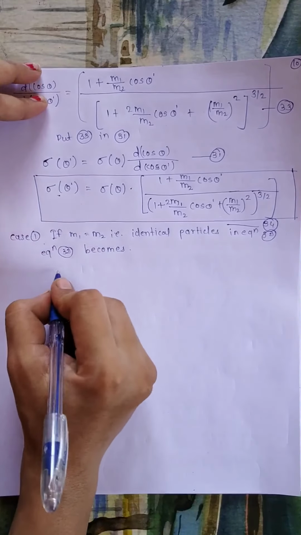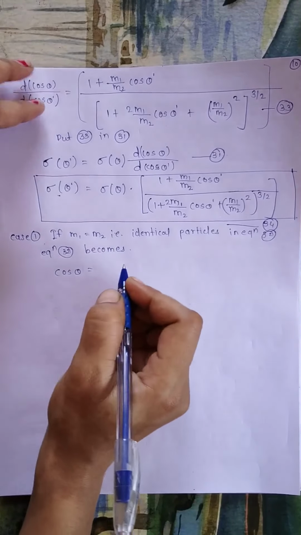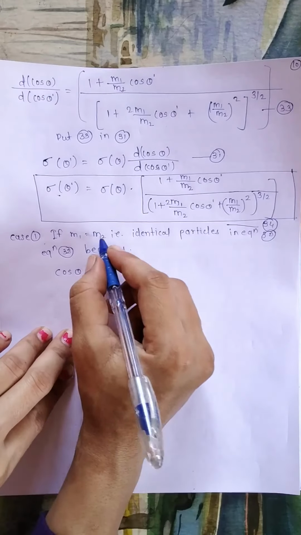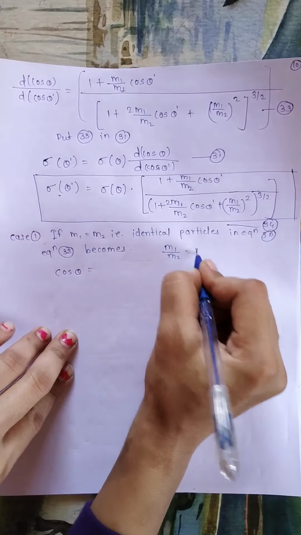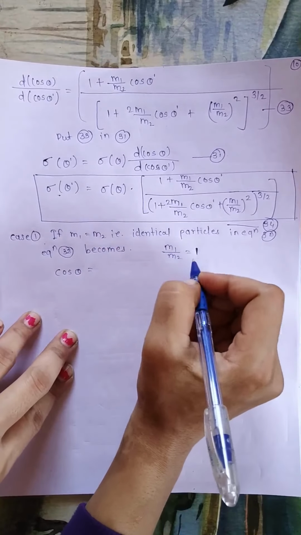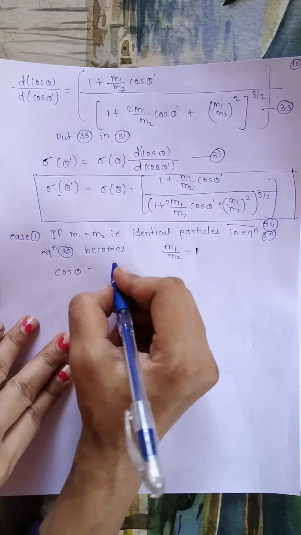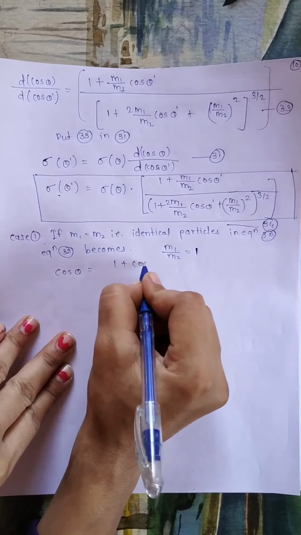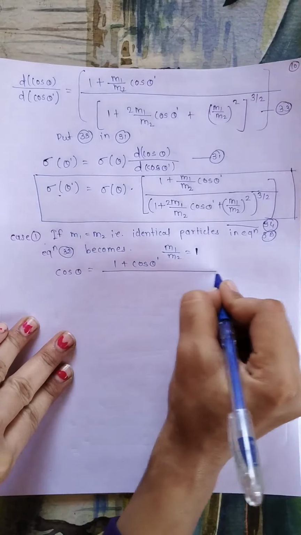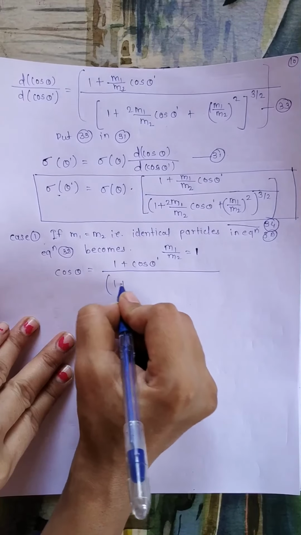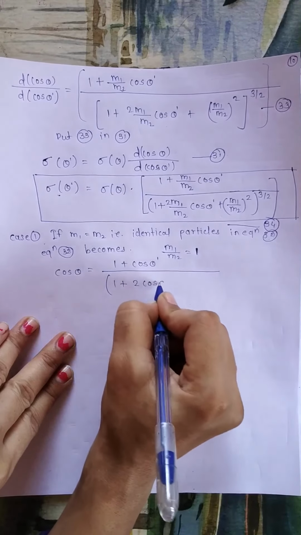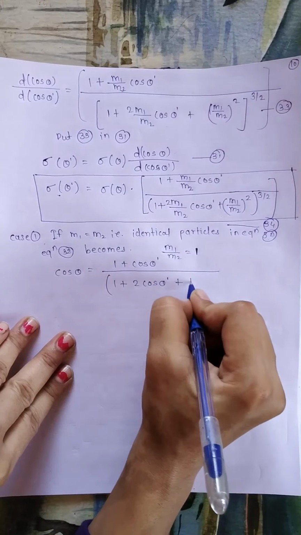we will get cos theta as, I will substitute. Therefore if both are equal, m1 upon m2 will be 1. So we will put this ratio as 1 in equation 32 and we will get 1 plus cos theta dash upon, this is the modification in 32, 1 plus 2 cos theta dash plus 1.